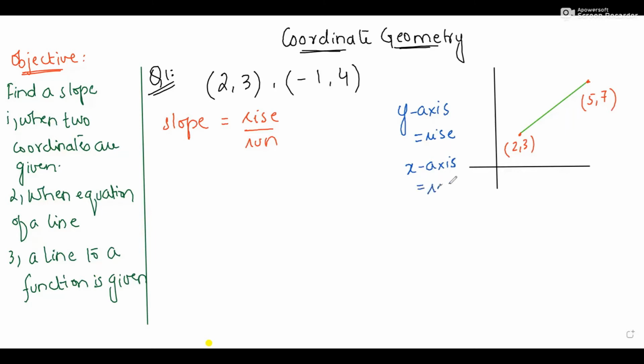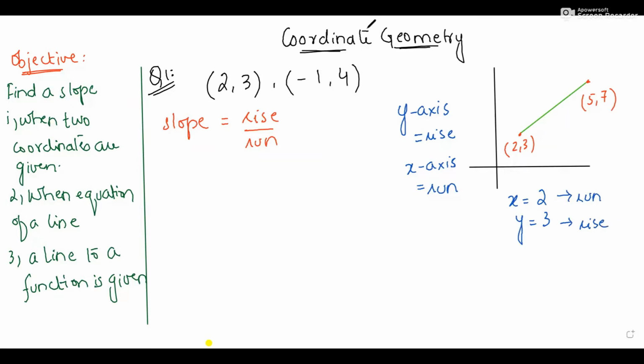That means for the first coordinate, the value of x is 2 and the value of y is 3. So the value of run is 2 and the value of rise is 3.